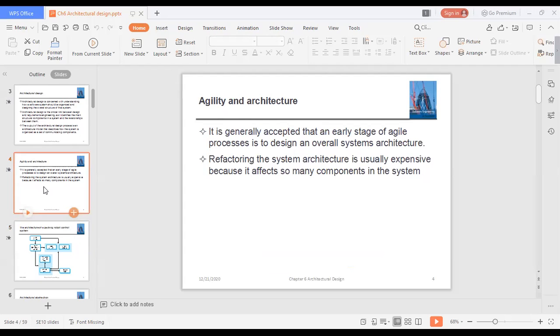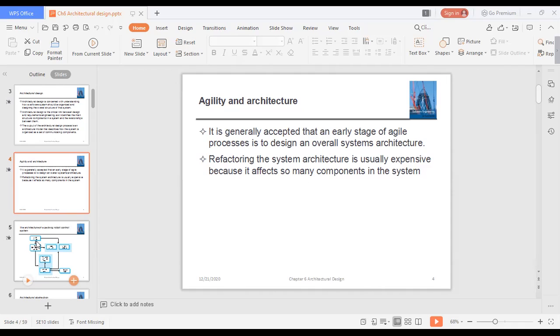Refactoring the system architecture is expensive if it affects so many components in the system. So remember, refactoring of the code, refactoring of the design, and definitely refactoring of code is comparatively easier than the design.